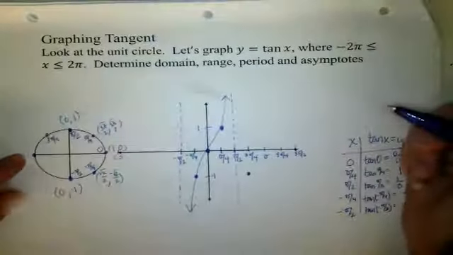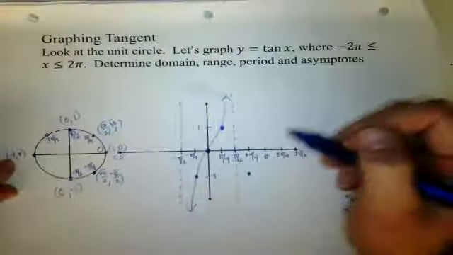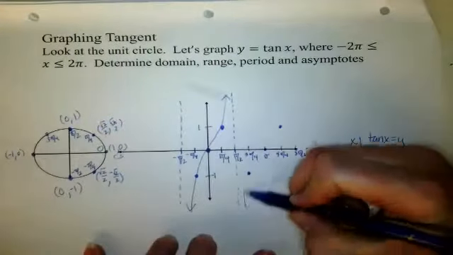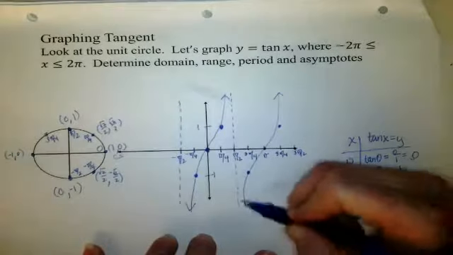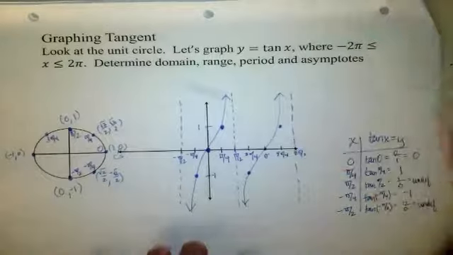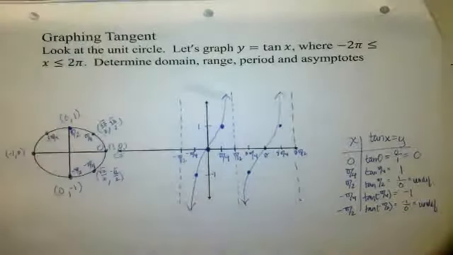At pi, negative 1, 0. 0 divided by negative 1, we're back to 0. So you can see it just starts to repeat itself in this sort of curve. And then we'd have another asymptote at 3 pi over 2. So this is the basic tangent function.